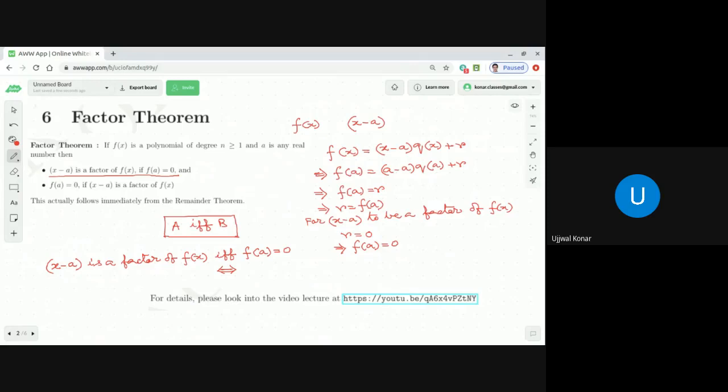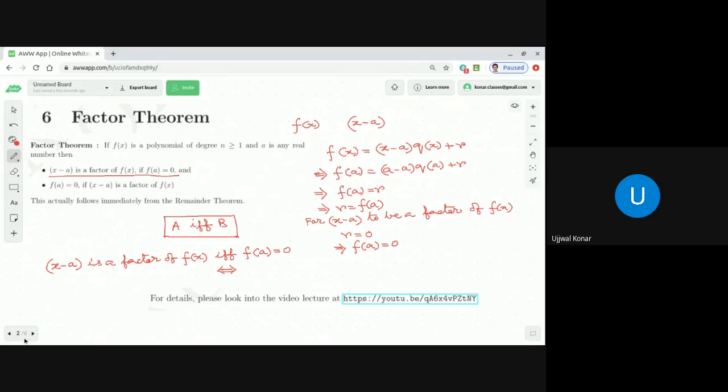Also, we discussed the necessary and sufficient condition, implying and implied by. These are a little advanced concepts of mathematics, but not very advanced. You'll also know them in another 2 years from now. And then I pointed you to other YouTube videos where I described in detail the factor theorem.